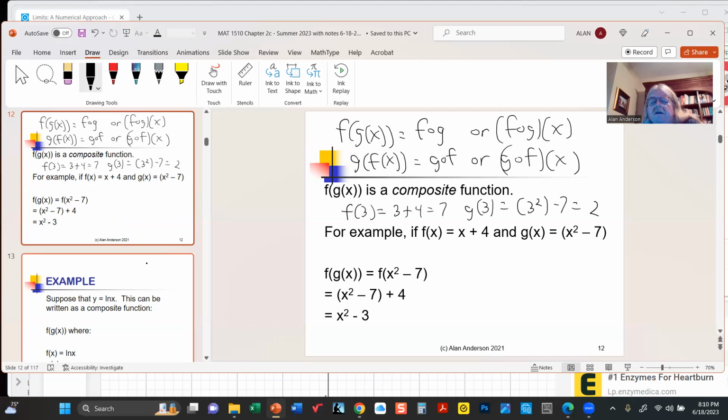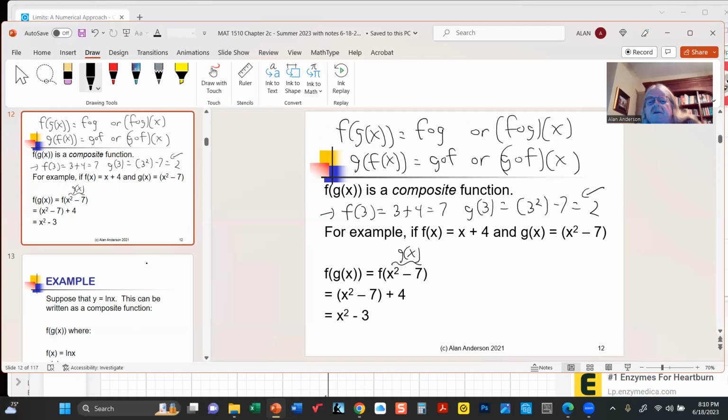So when you evaluate a composite function, you're really doing the same thing. Just like up here, you're replacing all your x's with 3's. Here you're replacing all your x's with 3's.